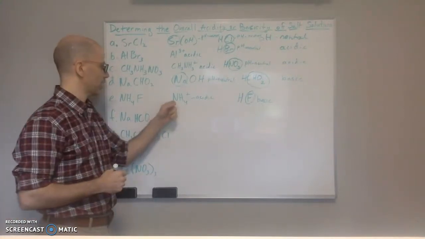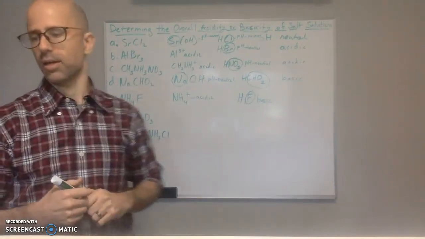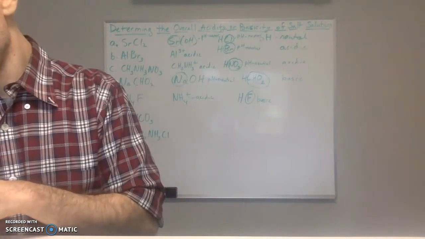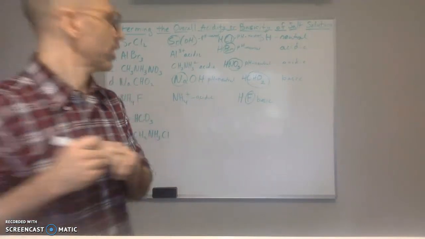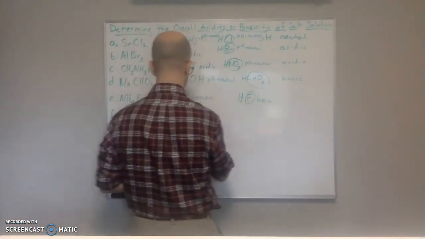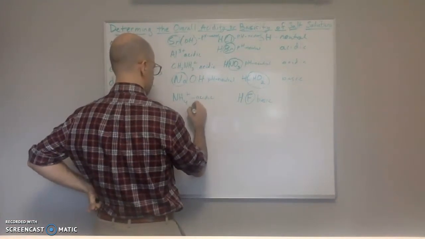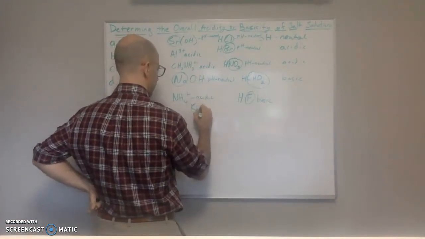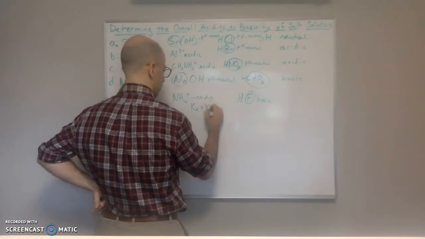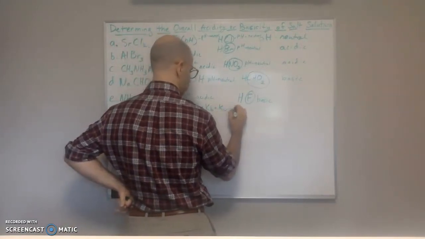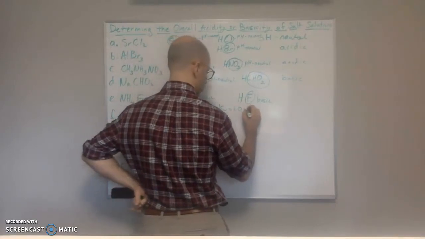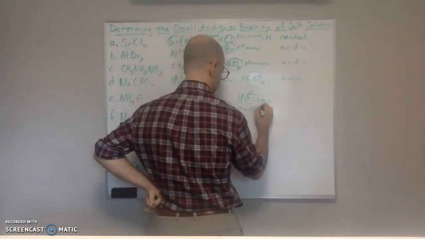So we find the Ka value of ammonium, and we're going to use the equation Ka times Kb is equal to Kw, which is equal to 1.0 times 10 to the negative 14.